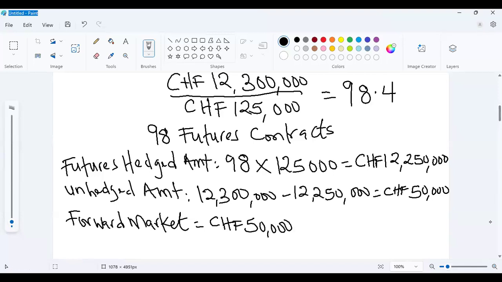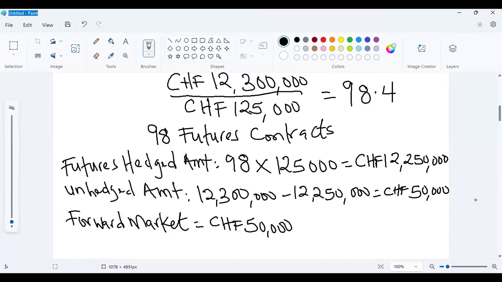Out of this 12,300,000, we have hedged 12,250,000 under currency futures. We now take the balance because this balance cannot be hedged under futures. It is not up to 125,000. This 50,000 will now be hedged under the forward market.